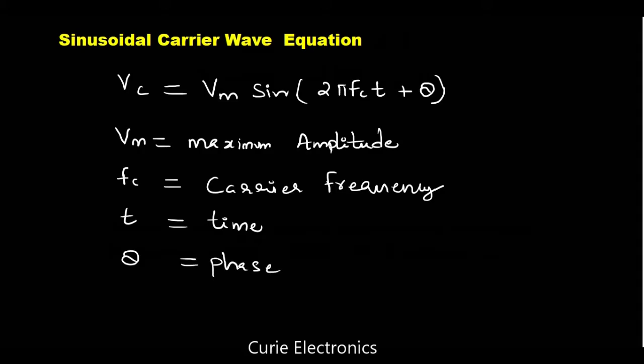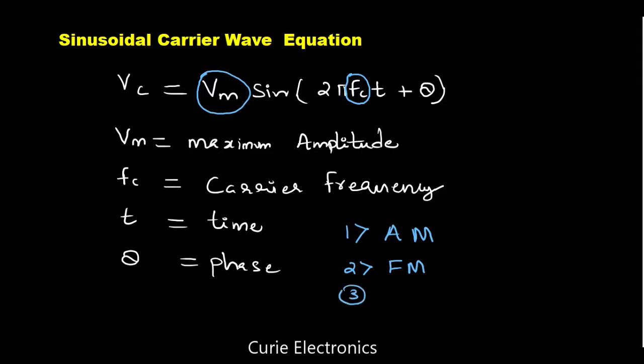Now, there are three variables in this equation. The first one is the amplitude. We can vary the amplitude. If you are varying the amplitude of a carrier wave, we will get the amplitude modulation, that is AM. Similarly, if you are varying the frequency of the carrier wave, we will get the frequency modulation.